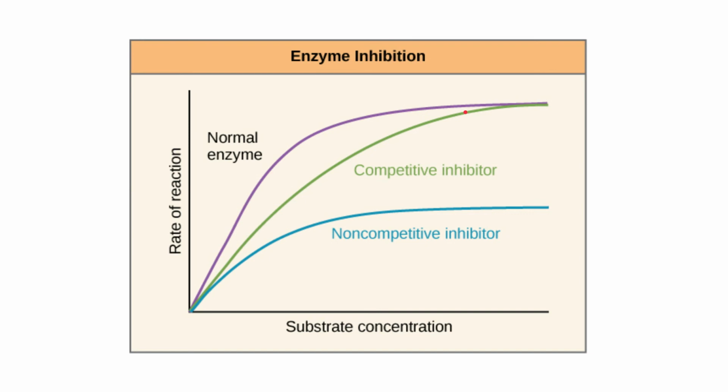And that's simply down to that competitive theory. The substrate and the competitive inhibitor are both competing for the active site. If you increase the concentration of substrate, it's more likely to successfully collide with the active site compared to the inhibitor, and so finally the rate of reaction reaches that as if there were no inhibitor at all.